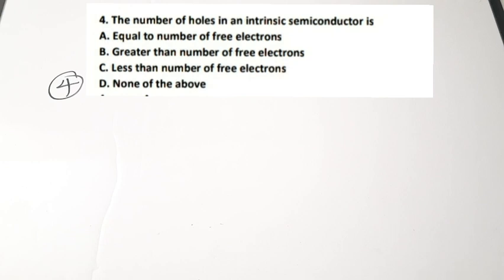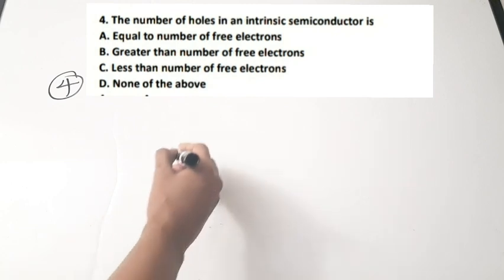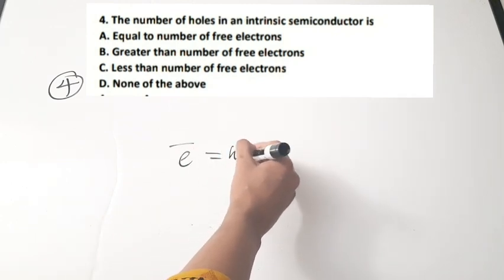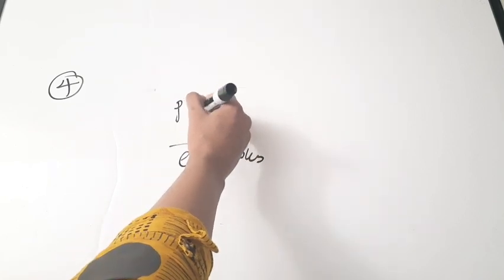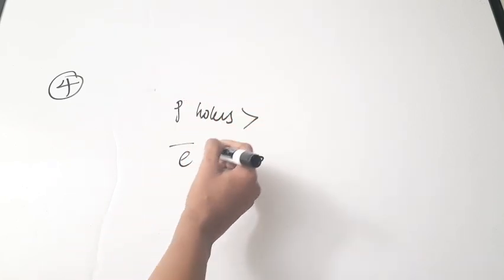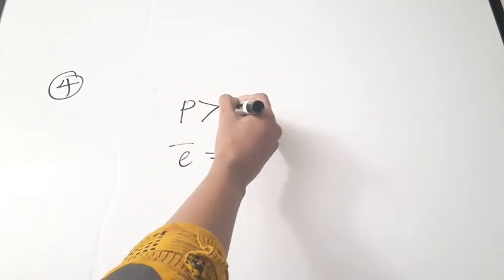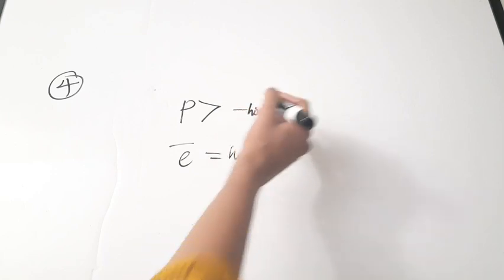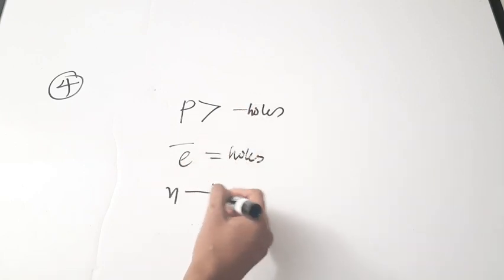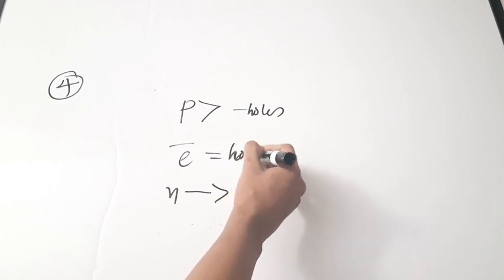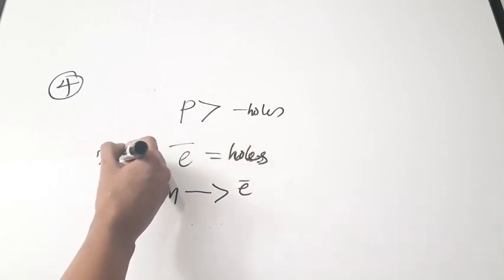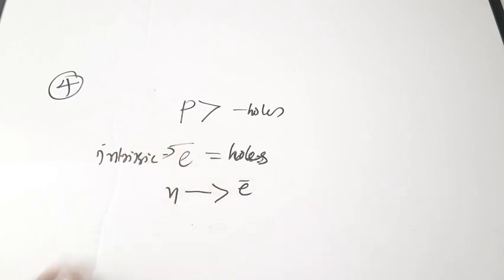For the intrinsic case, the electron number is equal to the hole number. P type has holes very much greater, and N type has electrons very much greater. But for the intrinsic case, electron number is equal to holes. The correct answer is A. Next question.